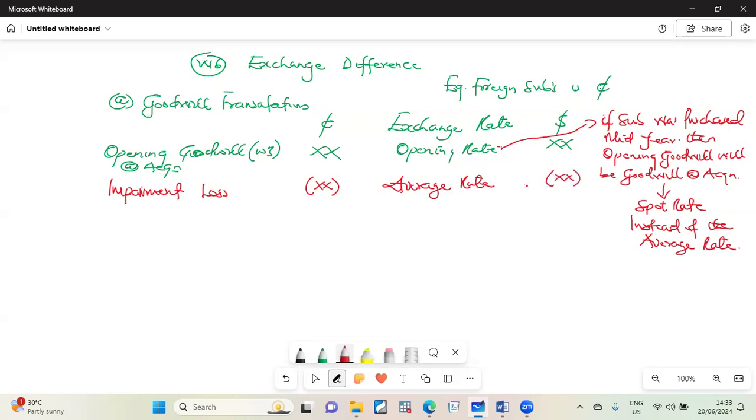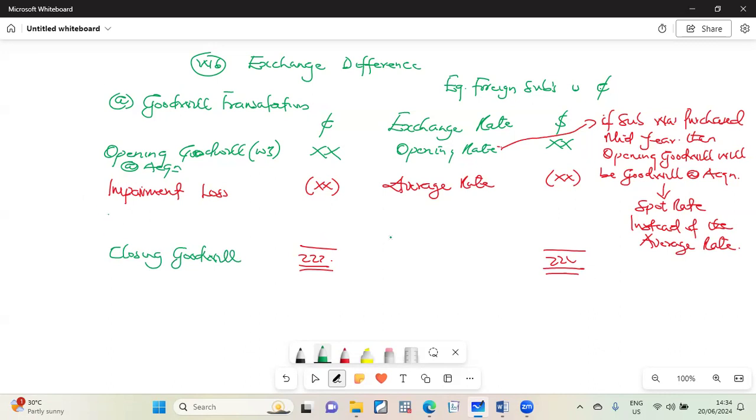All right. Then you realize that your goodwill at end will be discovered. So you will have your goodwill, closing goodwill. That is what will happen.